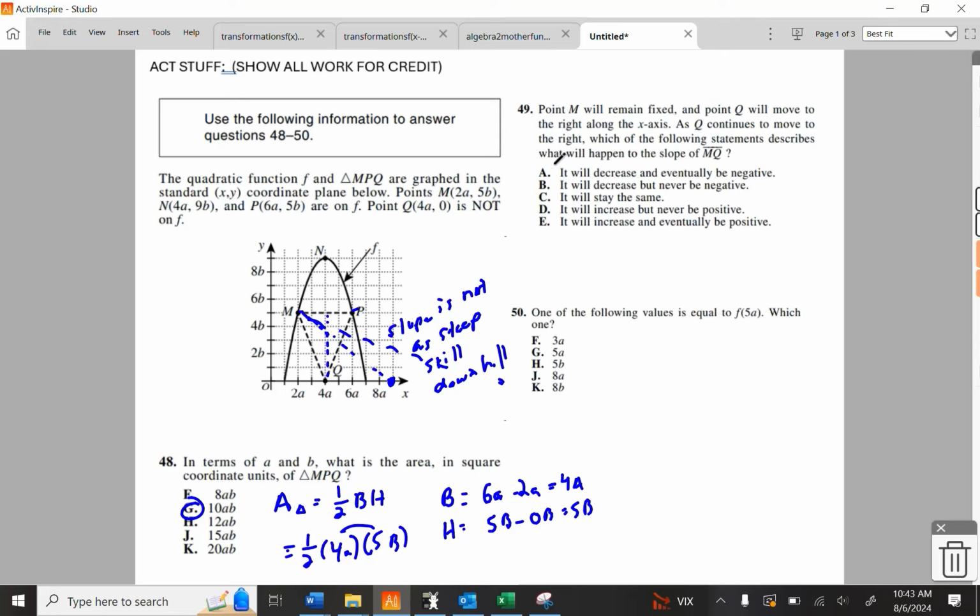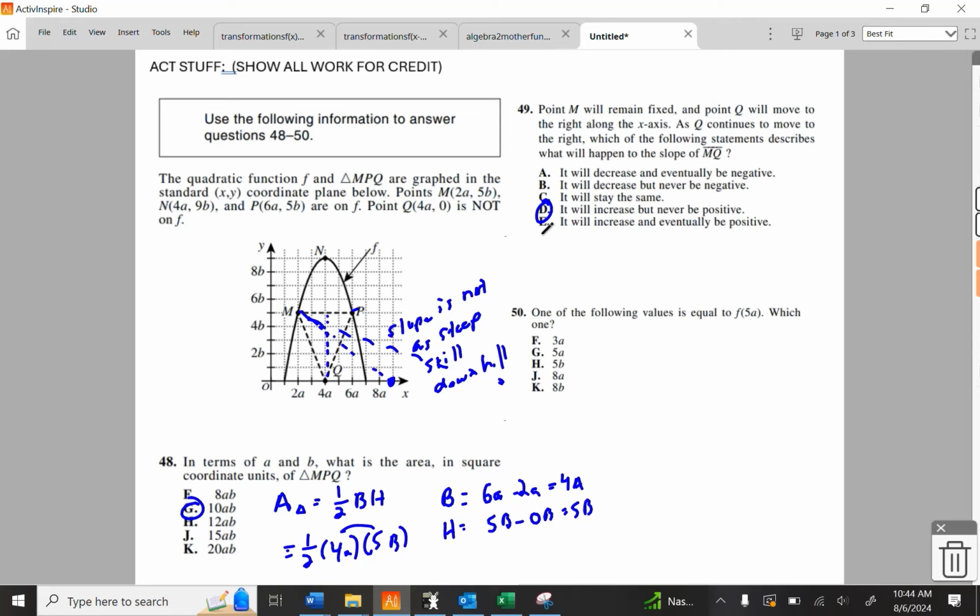A little confused by the wording here. The slope is increasing. Okay, that's D. The slope is increasing because it's not as steep, but it'll never be positive. It's always going to be negative. The wording threw me off in the answer choices, sorry.